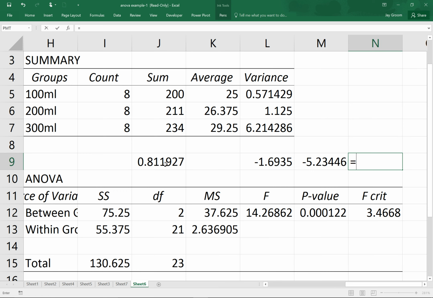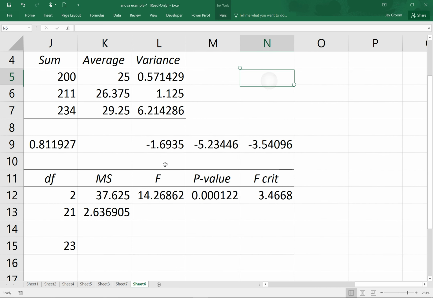There they are. Okay, and then equals T.INV, 0.025, comma, and our 21 degrees of freedom here, because that's for our error.